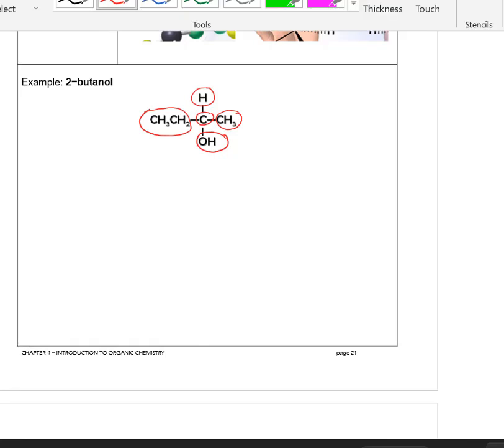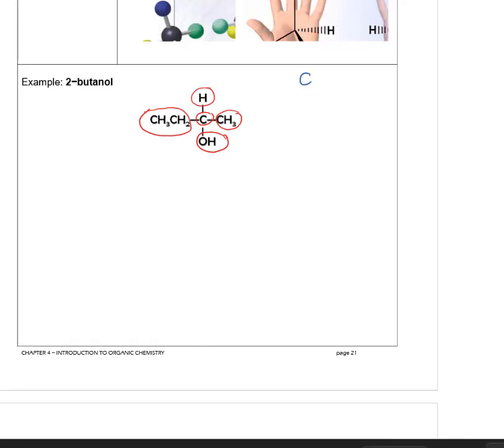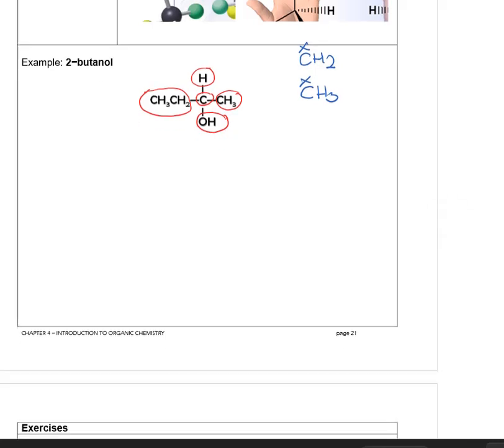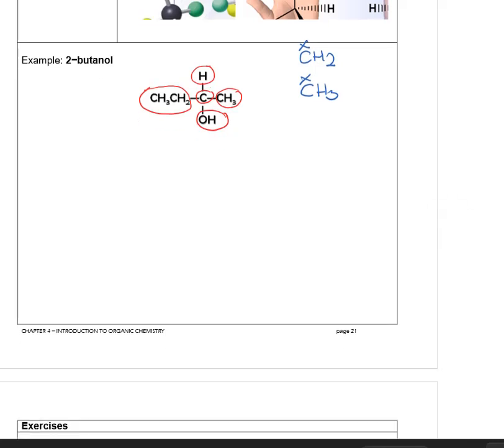Okay, so maksudnya dekat sini, if you see CH2, so this carbon cannot become chiral center. Or if you see CH3, so this carbon is also not a chiral carbon. Okay, so this carbon is a chiral carbon. So normally we will star that carbon.